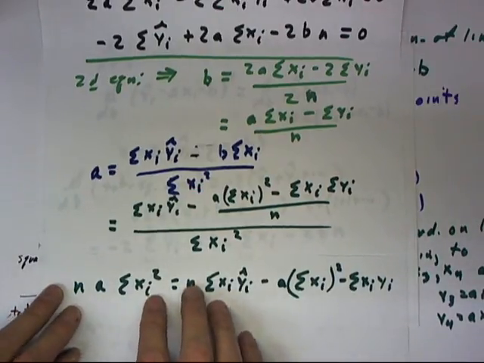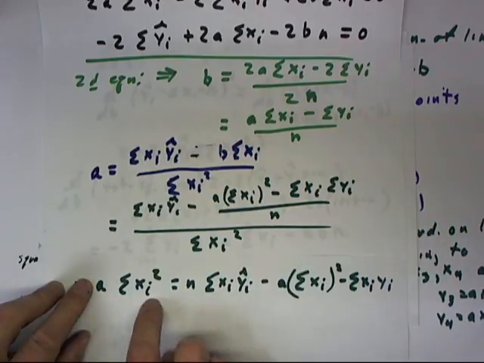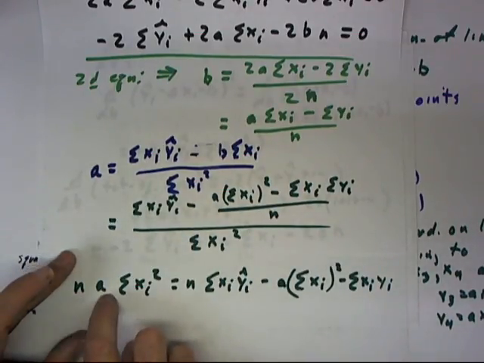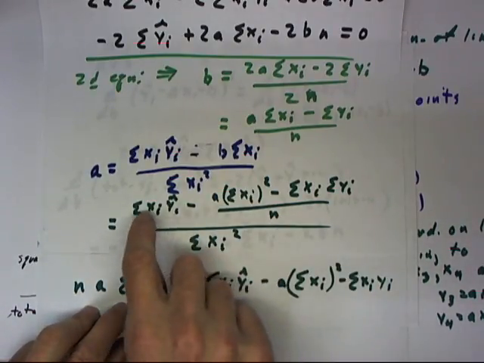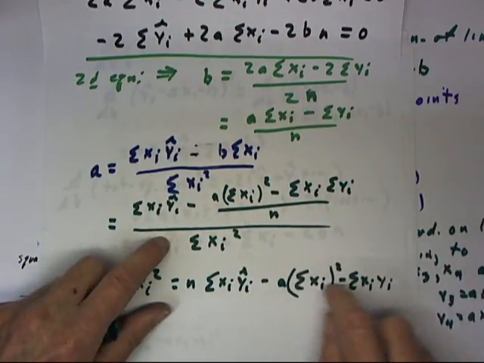Okay, so multiplying through by the sum of xi squared, we get a times the sum of xi squared. Then multiplying through by n, we get na times the sum of xi squared. When we multiply through by the n, this term also gets multiplied by n, and then we're left with just this numerator.